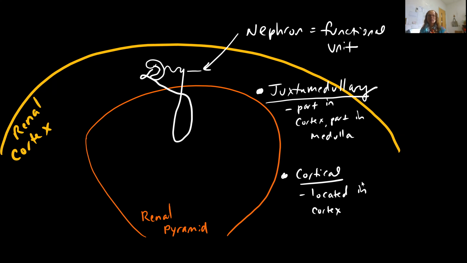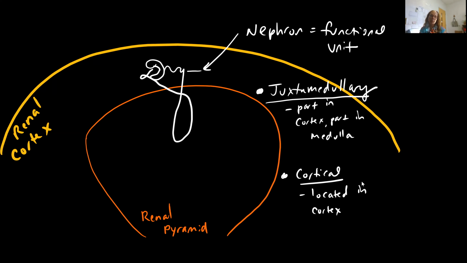The nephron is a small tube inside of the kidney, so we can also talk about it as being part of our kidney tubules, and that's pretty much what the cortex and the renal pyramids are consisting of, are these nephrons. The nephron is the functional unit, so this is actually the location where the urine is being produced.